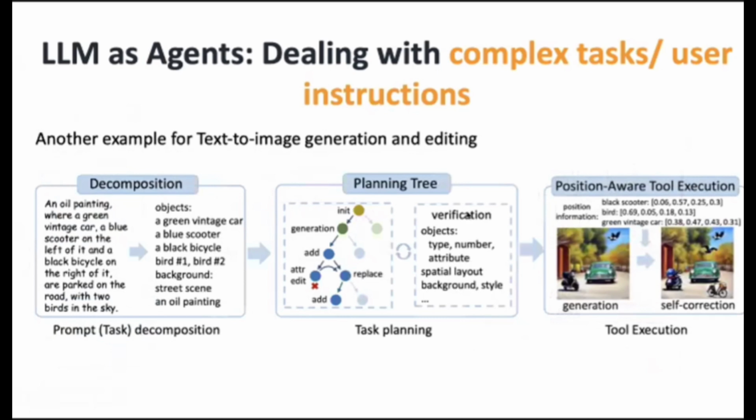And then we can follow with verification steps, and we check whether the objects, the spatial layout, background and style are correct. And then we can conduct the position aware execution to generate the image, and then we can do the self correction for the output image to get better results.